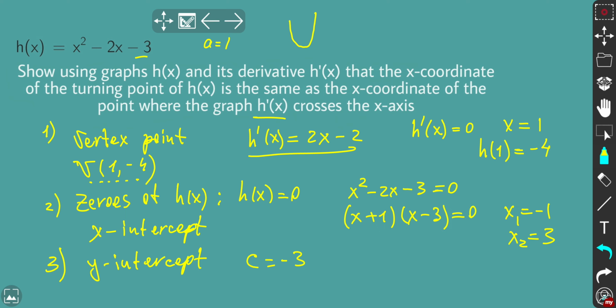So your question, you need to show by plotting, by sketching, using a graph, and its derivative, that the x-coordinate of the turning point, so we found the x-coordinate is 1, in other words the x-vertex is 1, is the same as the x-coordinate of the point where the graph h prime x crosses the x-axis.